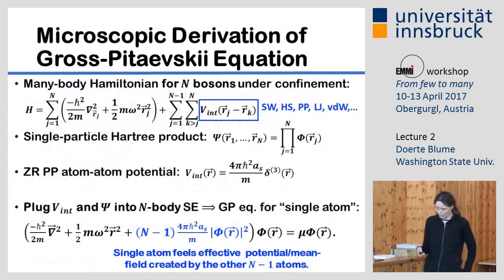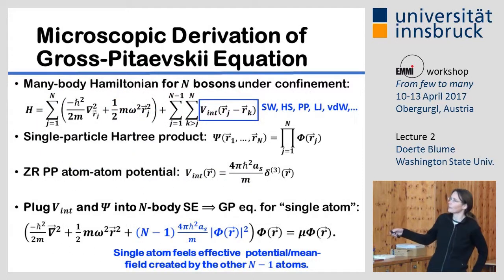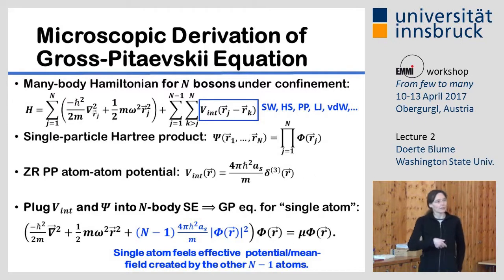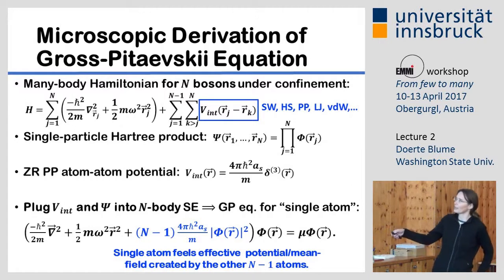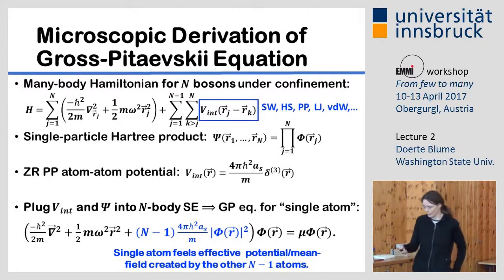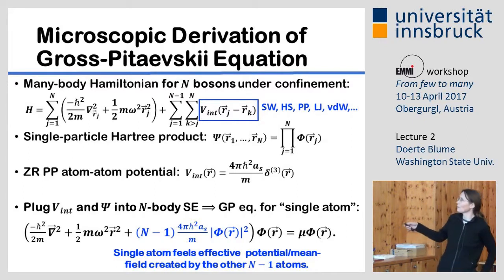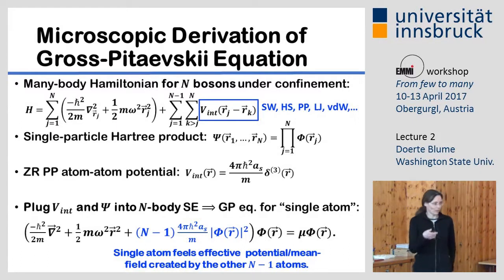If we want to derive the Gross-Pitaevskii equation, we can start with a microscopic many-body Hamiltonian, where we have kinetic energy for each particle, a trapping potential for each particle, and the interparticle interactions, for which we could use a square well potential, hard sphere potential, a realistic van der Waals potential, or whatever we like.